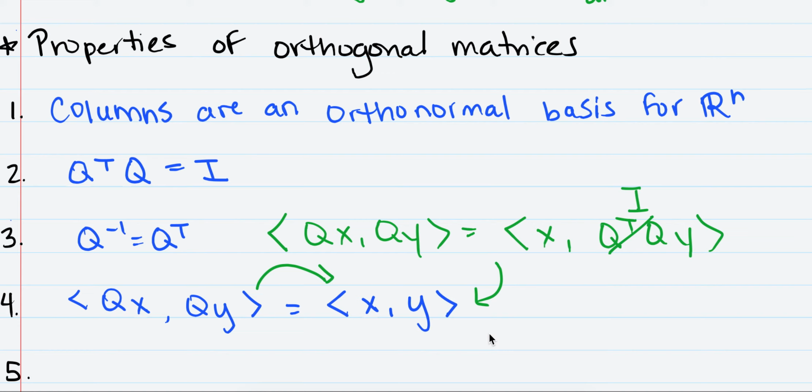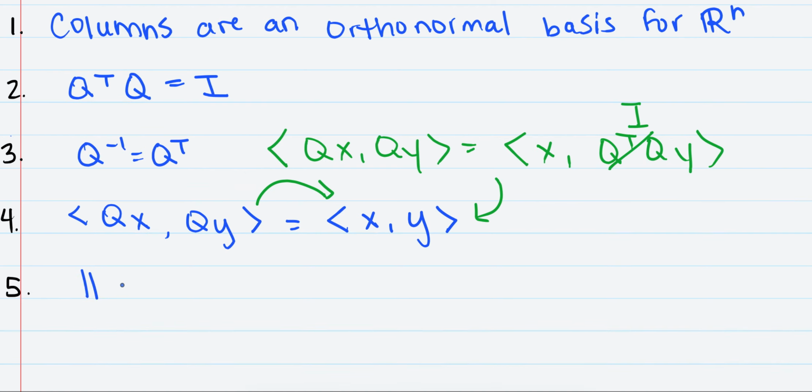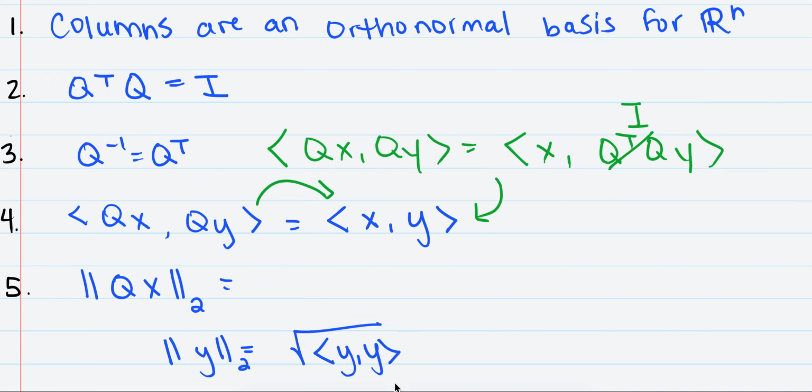Okay, and then the last thing we're going to say is that the length of the vector Qx, now this is the norm, the normal length of a vector. So remember that the length of some vector y is the square root of the inner product of y with itself.